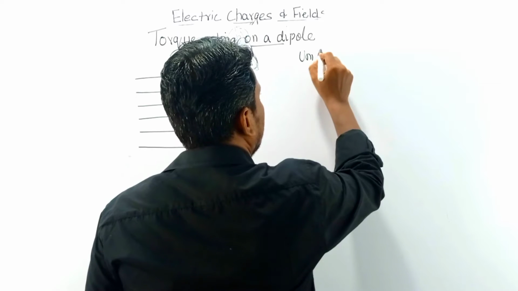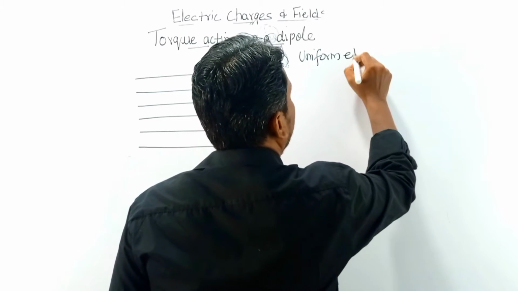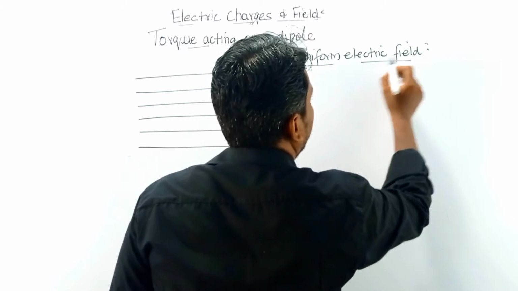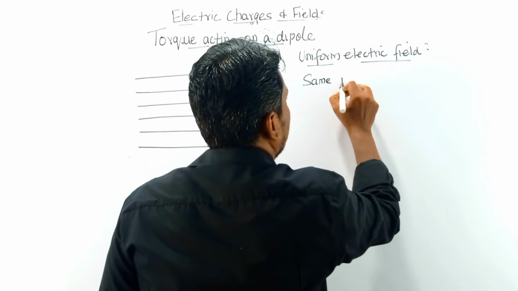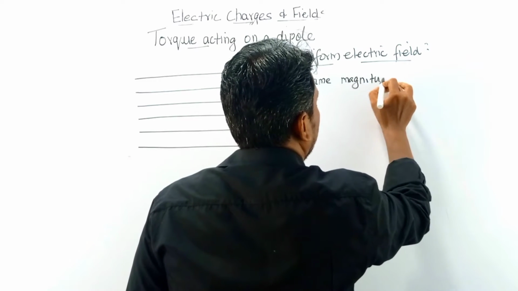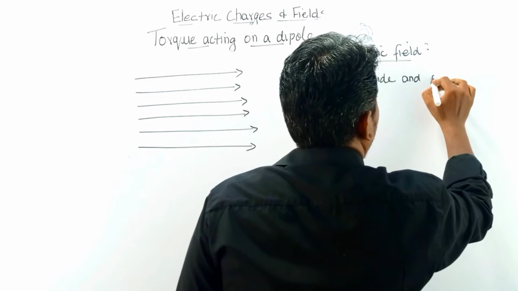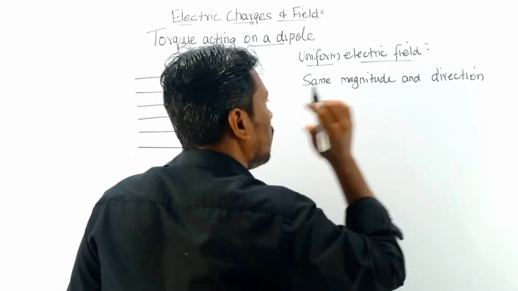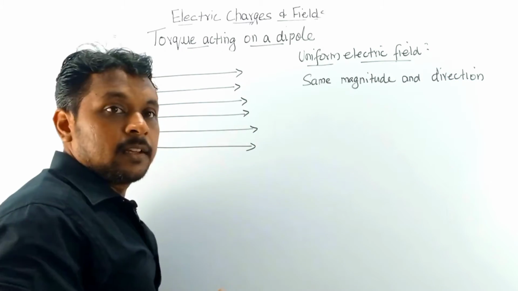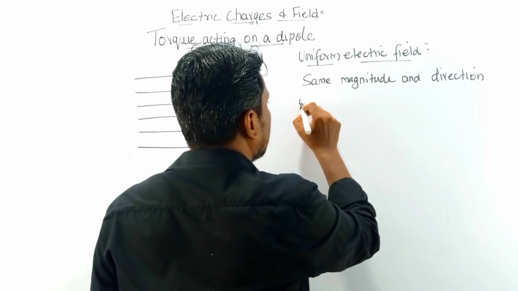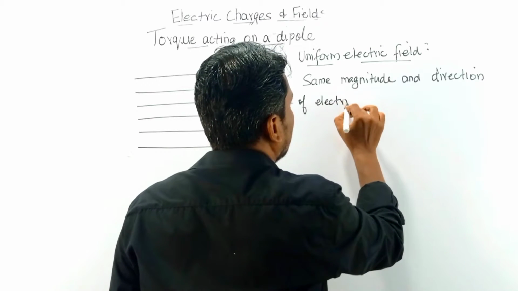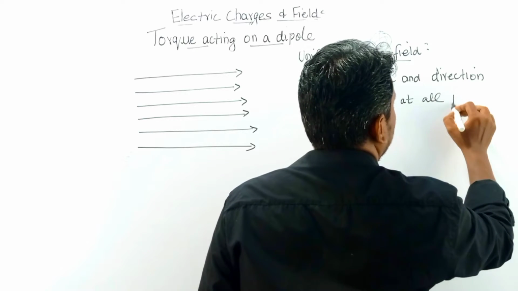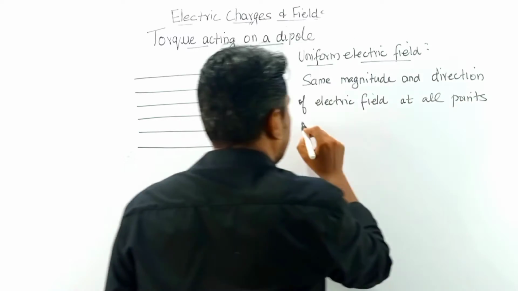In the case of a uniform electric field, we say that the magnitude and direction of the electric field are the same at all points in that space.